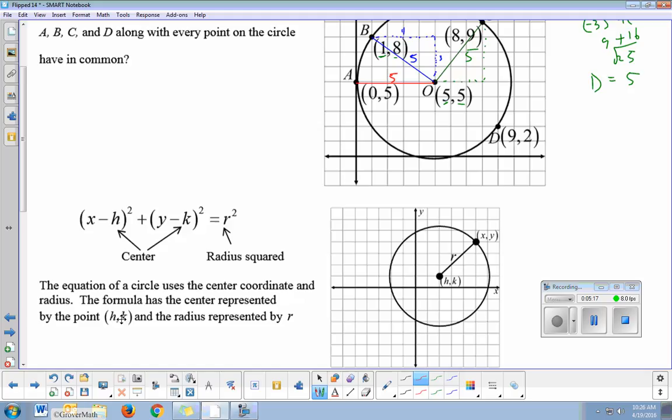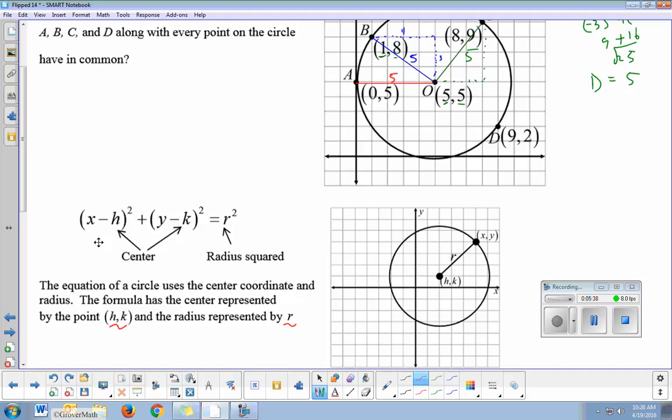That's the coordinate of the center. And how big is it? That's your radius. So those are the two things that make a circle, where it is and how big the radius is. Just like a line, the two things you need to know are where it is, the y-intercept, and its slope. So slope and intercept, here we have center and radius.